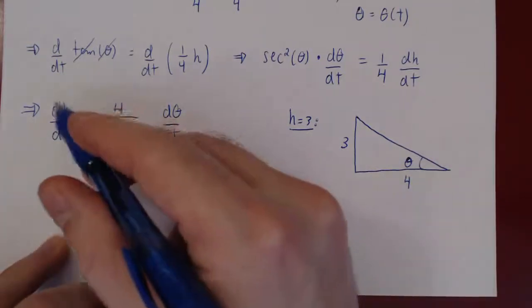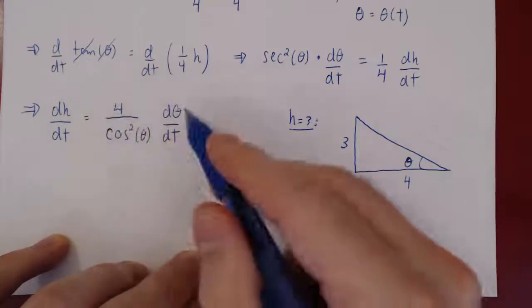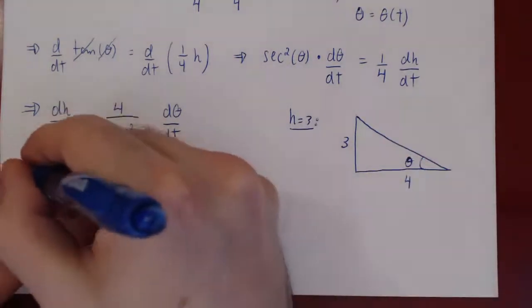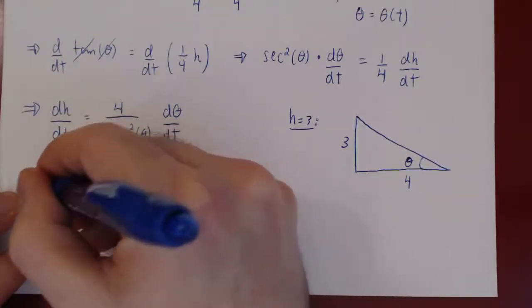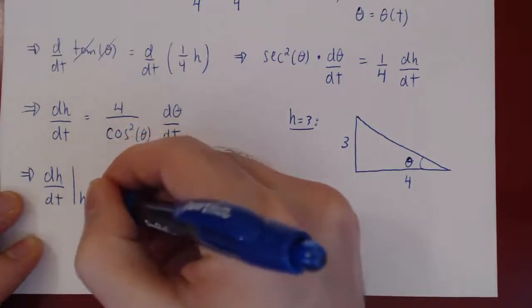And since we want dh over dt when h is 3, we have to evaluate this expression when h is 3. That's what we wanted to find. So we wanted dh over dt specifically when the height equals 3.